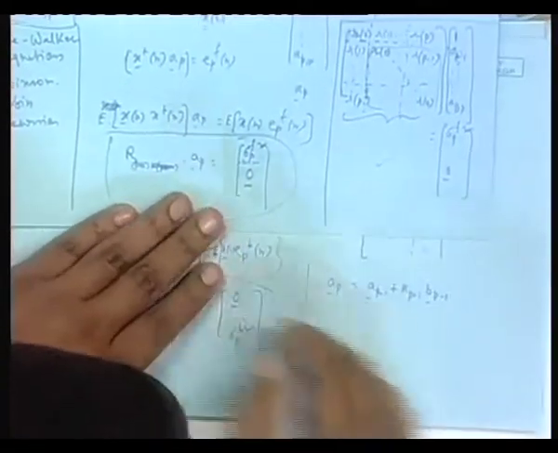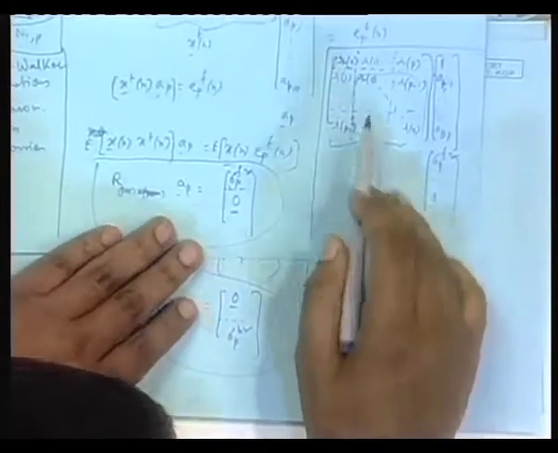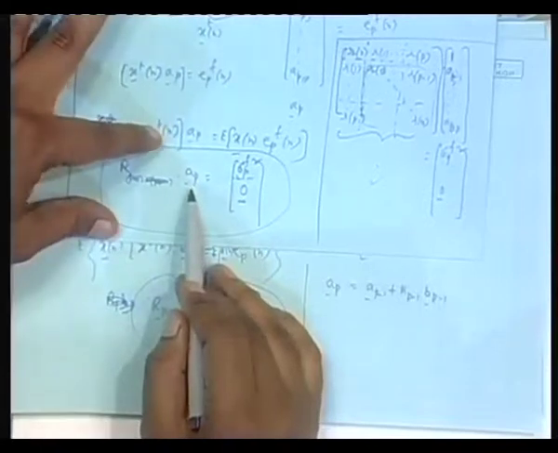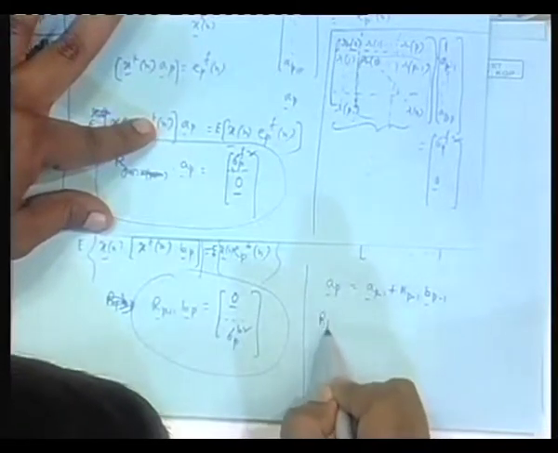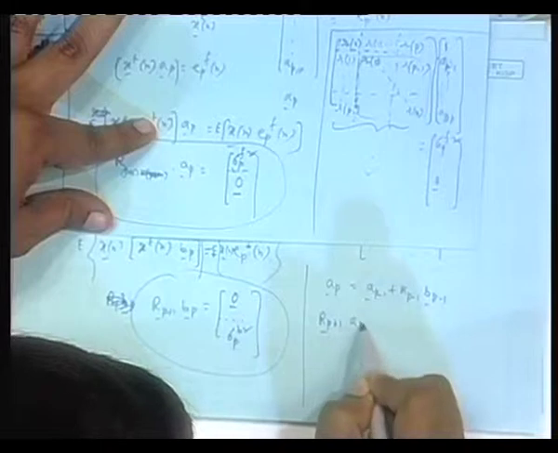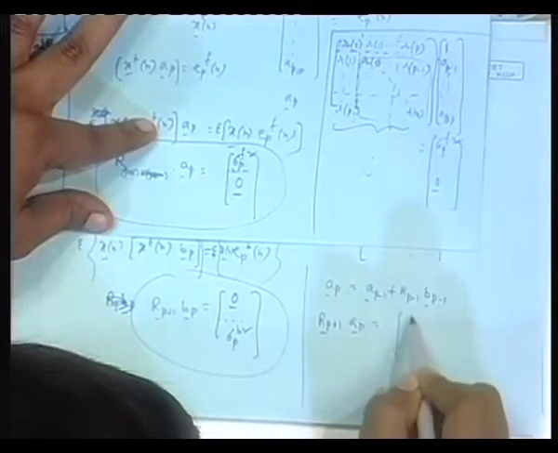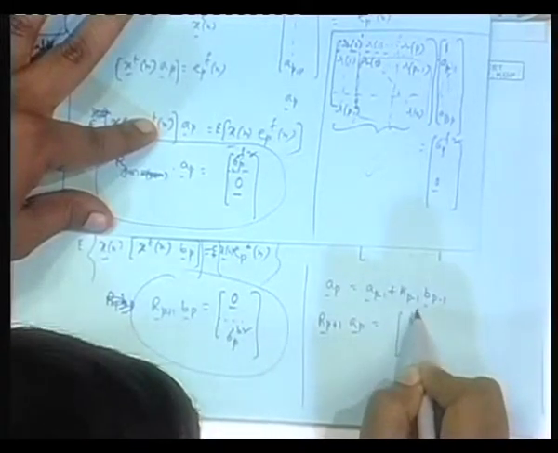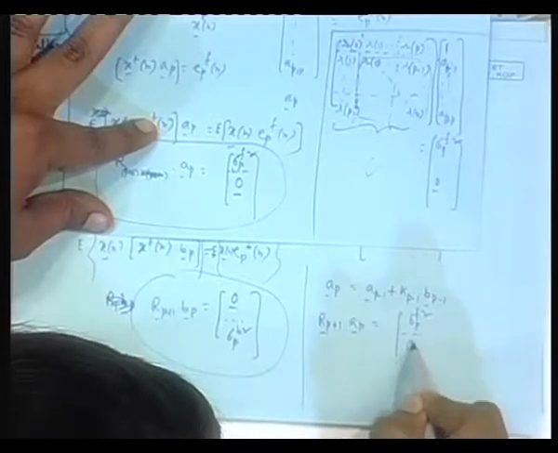If I put that in this first equation, Rp plus 1 into Ap, this is the equation to be solved, isn't it? 0 vector.